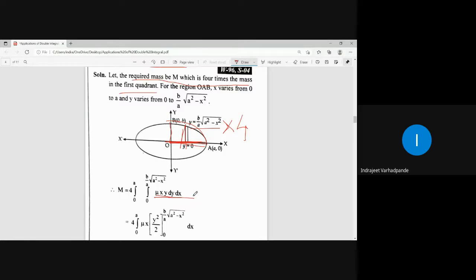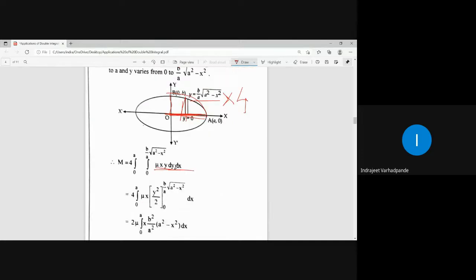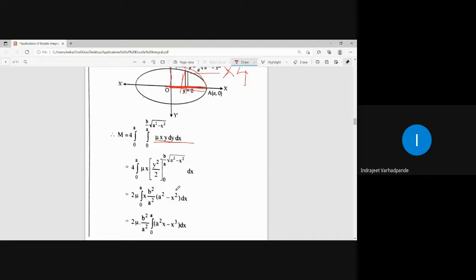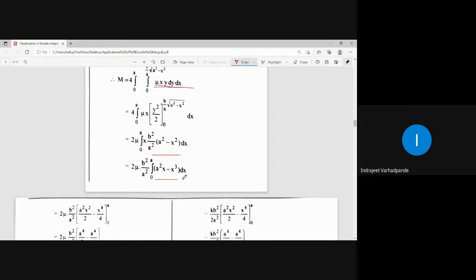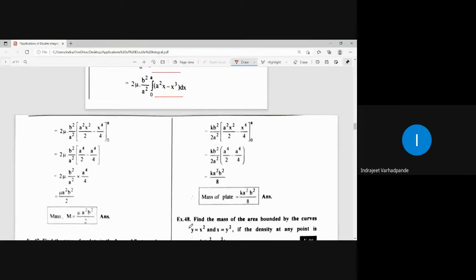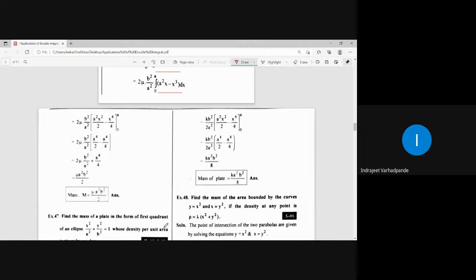So mass m is nothing but 4 times the integral with limits for x, limits for y, mu xy dx dy. First integration will be with respect to y, which is y square by 2. Simplify, get the answer, later on integrate with respect to x and then simplify.